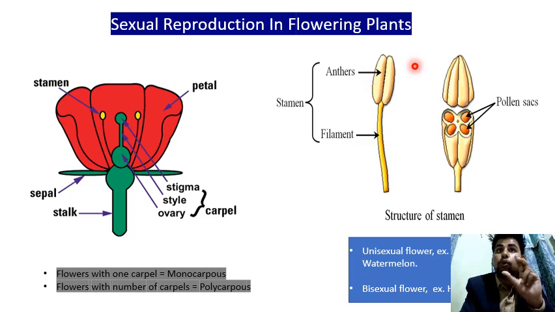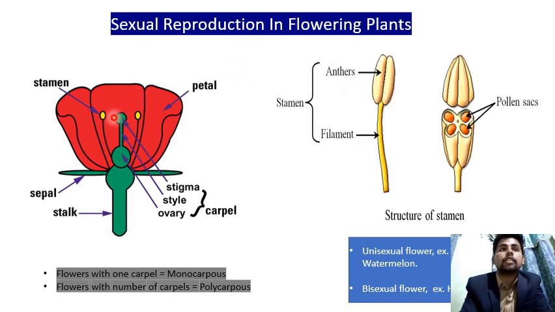Each anther has two lobes which are connected by the connective, and these two lobes have four pollen sacs. That is, each lobe has two pollen sacs. The anthers produce a yellow colored powder of haploid pollen grains.